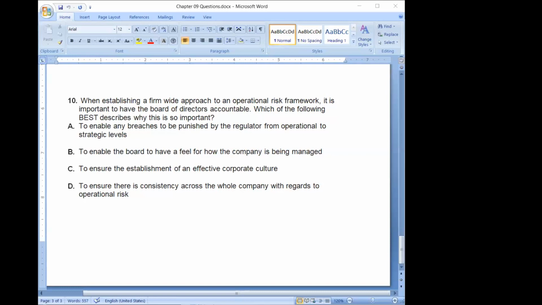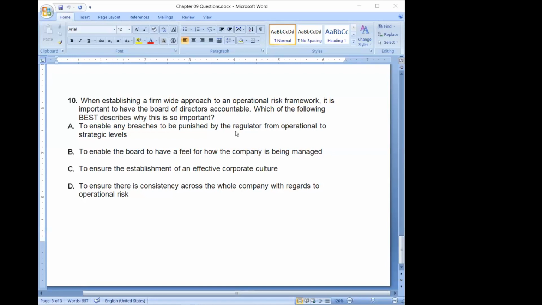Right. Let's see the question. This is the last question of this paper. When establishing a firm-wide approach to an operational risk framework, it is important to have the board of directors accountable. Which of the following best describes why this is so important?